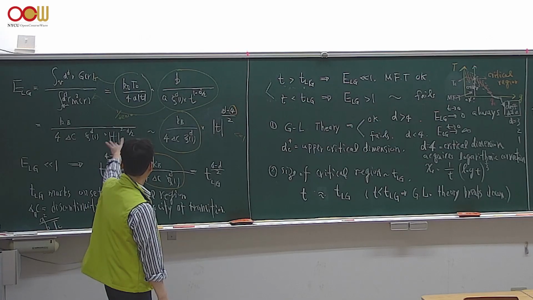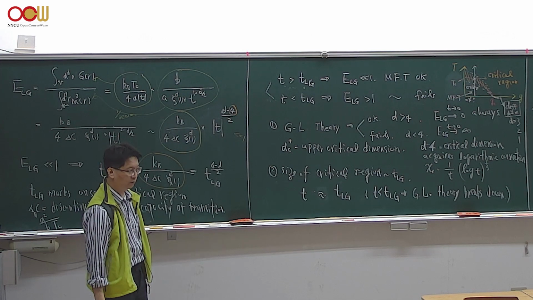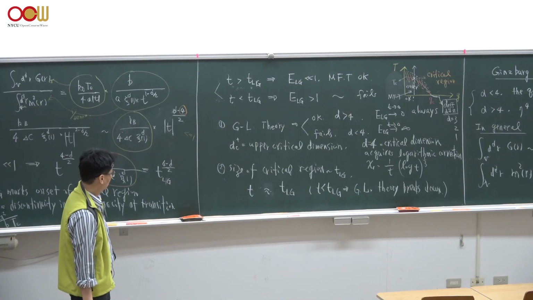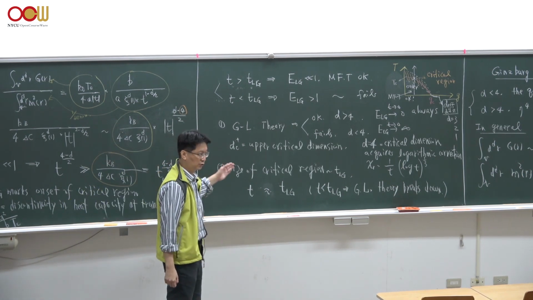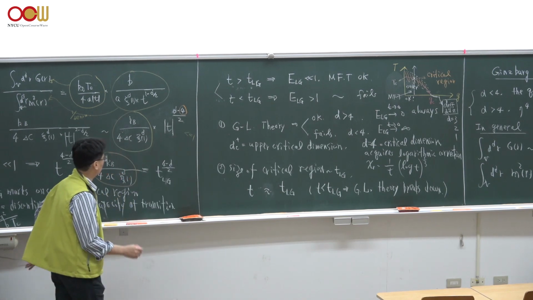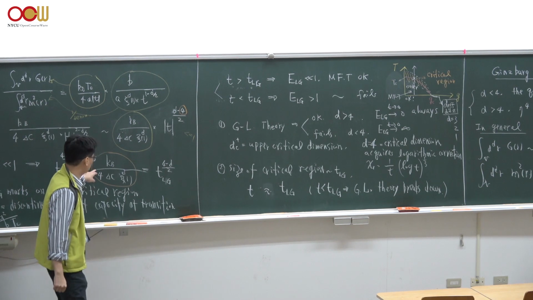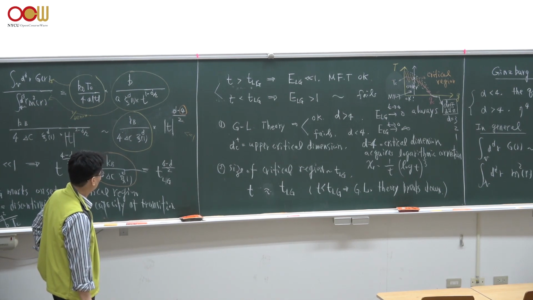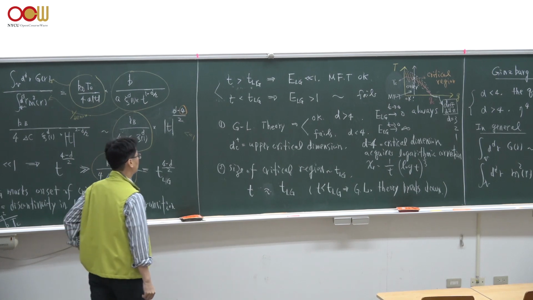We figured out that for the Ising model, there is an upper critical dimension above which this error is small, but below which the error diverges as the temperature reaches the critical temperature. We also estimated the range of the critical region, defined by this quantity. If the reduced temperature little t is less than the Ginzburg reduced temperature, then mean field theory fails. If we are away from the critical region, then mean field theory is okay.